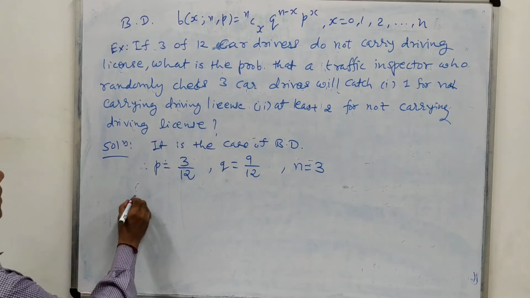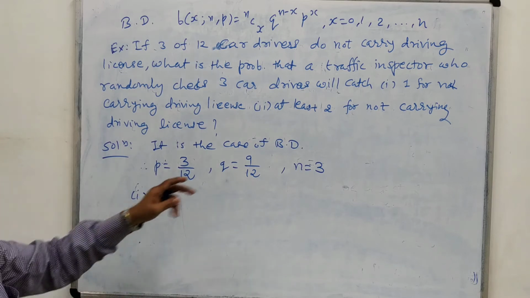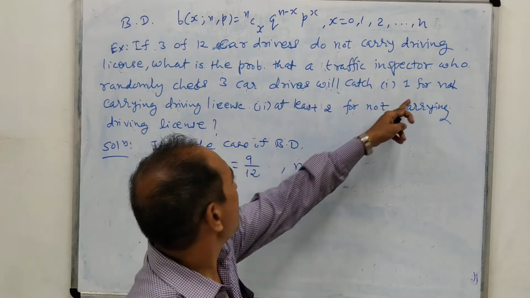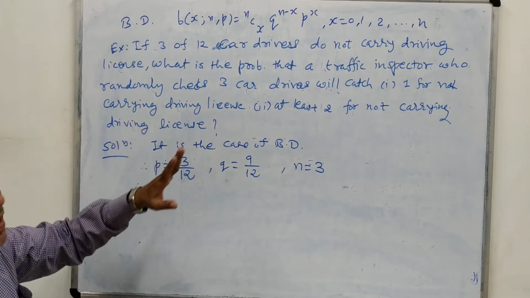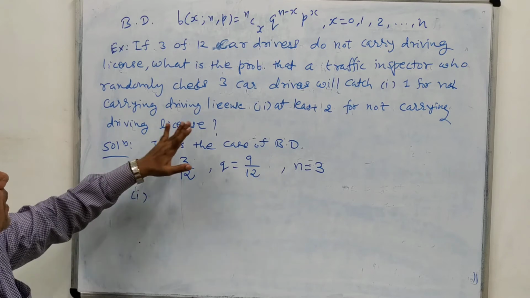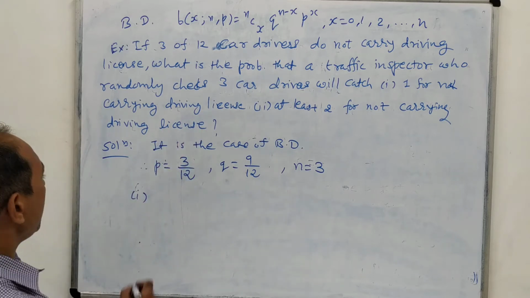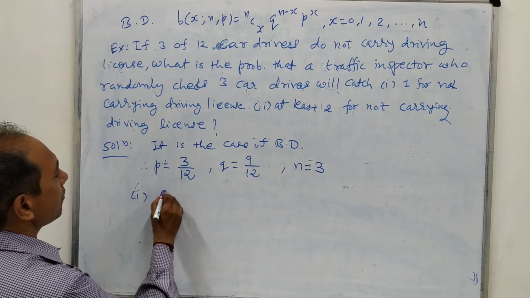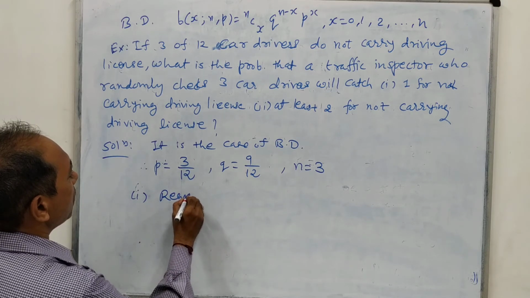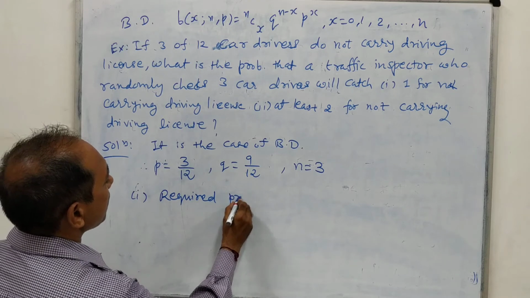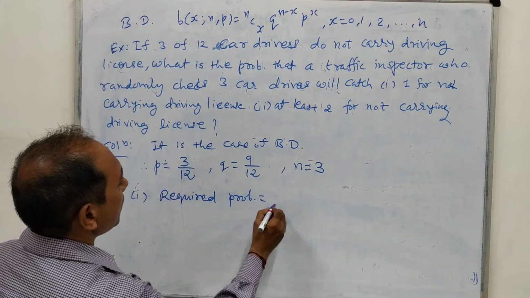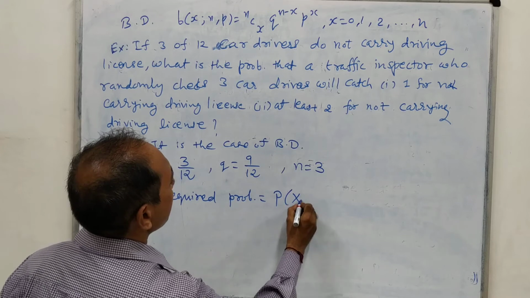Then we want to find out the probability. So the first question is one for not carrying driving license. That means we want to find out the probability that one driver will not carry driving license. Wherever you want to avoid other matters to write, it is better to write down required probability equal to probability of capital X equal to 1.